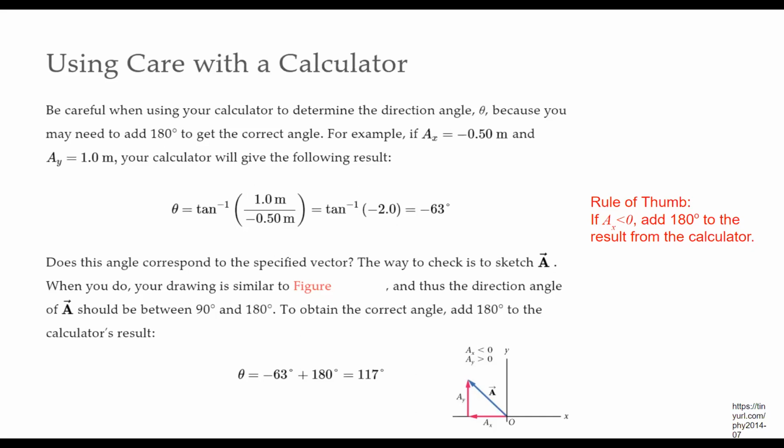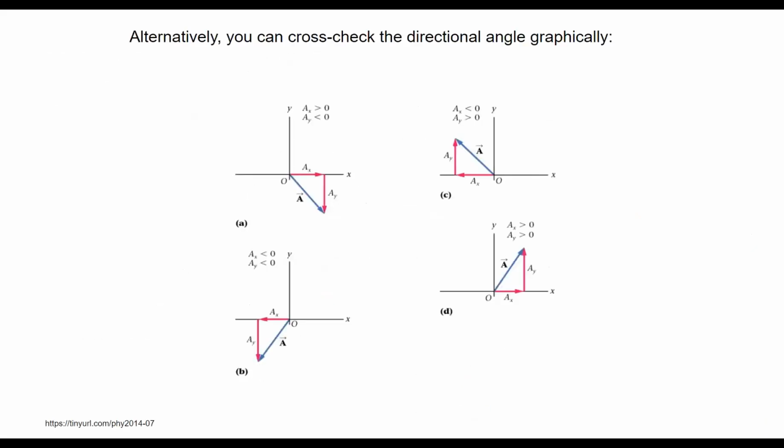This is the rule here. You can also cross-check the components you have and briefly put them in the XY coordinate system to see which quadrant the vector falls in, to double check your answer.